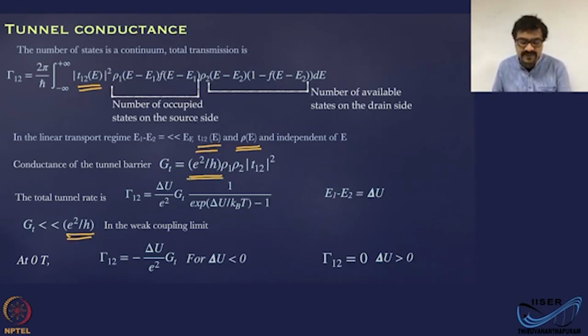If GT is close to e squared by h, then they are the same state, because it is connected by one transport channel. e squared by h corresponds to the conductance of one transport channel, right? To apply this formalism, you need GT to be far less than e squared by h.